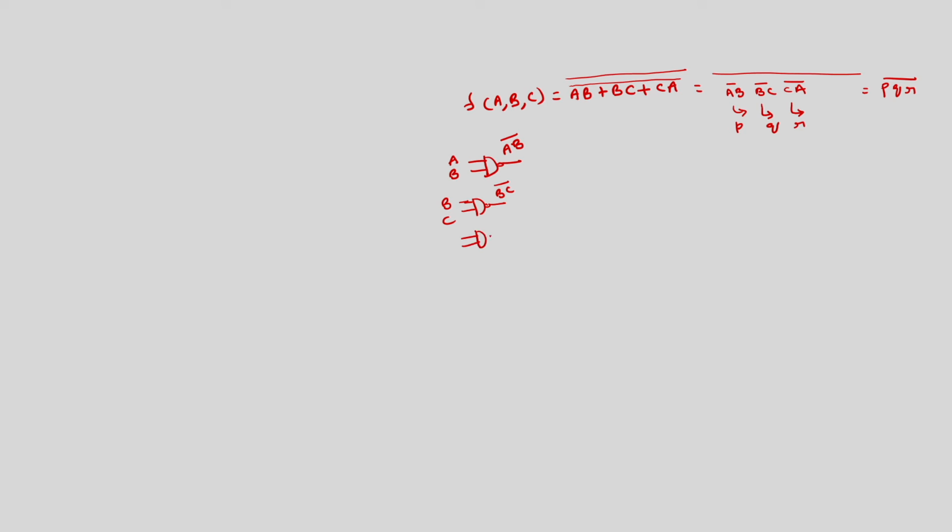These we have to NAND again. This will give f of ABC equal to AB plus BC plus CA. We directly implemented this in the last lecture.